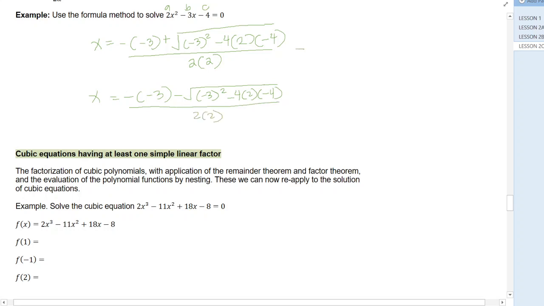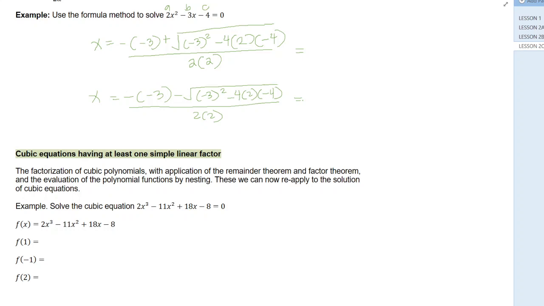We have two roots here. If we compute that, it is 3 plus and minus the square root of 3 squared, since negative times negative is positive, plus 4 times 2 times 4, divided by 2 times 2.